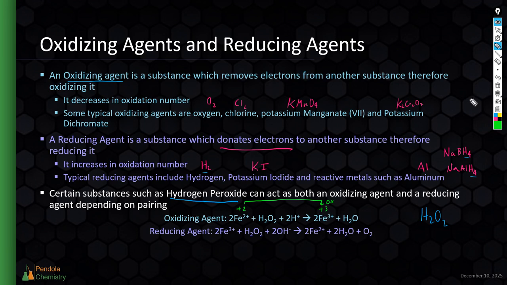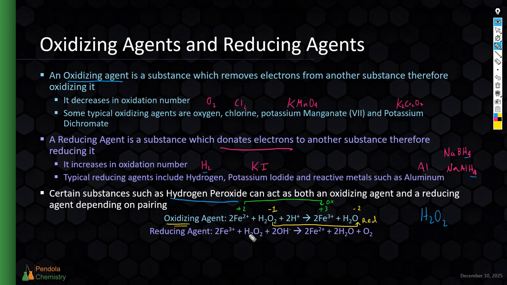On the other hand, if we look at the oxygen, the oxygen is going from -1 in hydrogen peroxide, because remember this is one of the exceptions for oxygen, to -2 on the product side. So oxygen is going from -1 to -2, meaning its oxidation number goes down, and it itself is getting reduced. Because the peroxide has the element that is getting reduced, it is acting as an oxidizing agent.